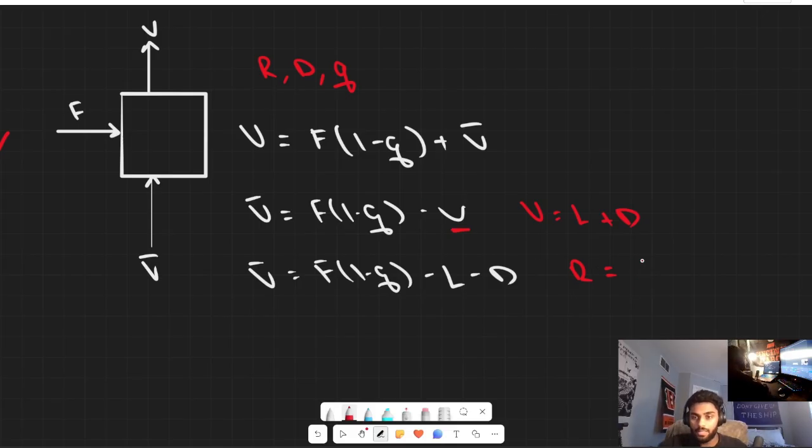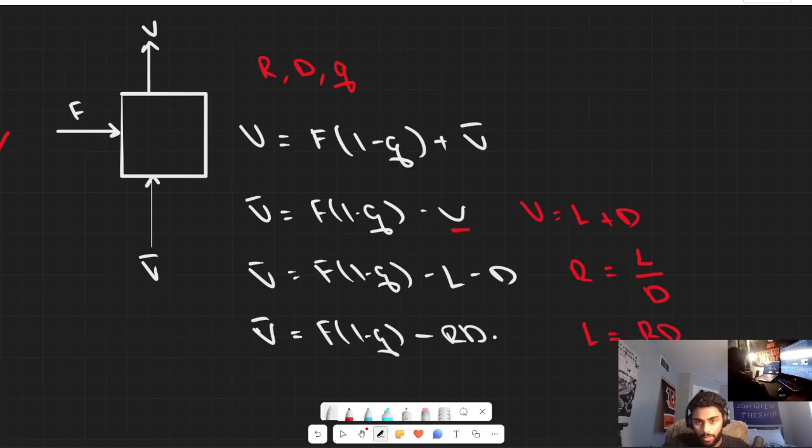So that is equal to whatever liquid we're using for our rectification over our distillate product. So our L ends up being equal to RD. So one final manipulation, V bar equal to our feed 1 minus Q minus RD minus D.